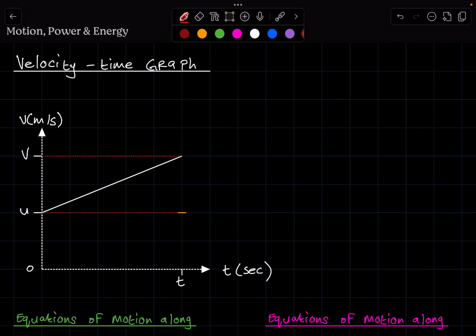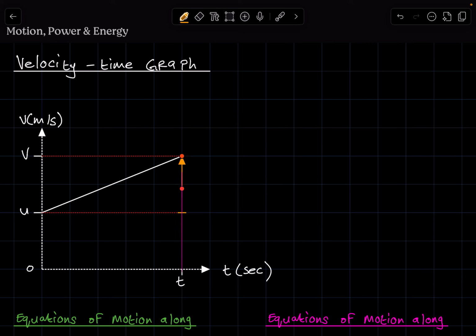Now I want us to look at how we derive these equations. I want to draw an arrow here. There we go.